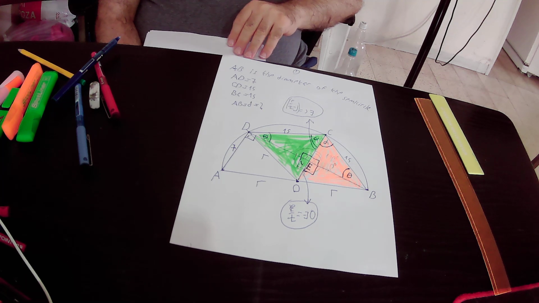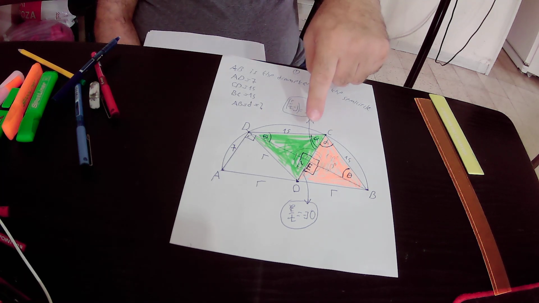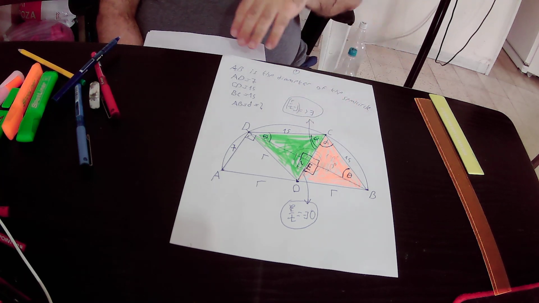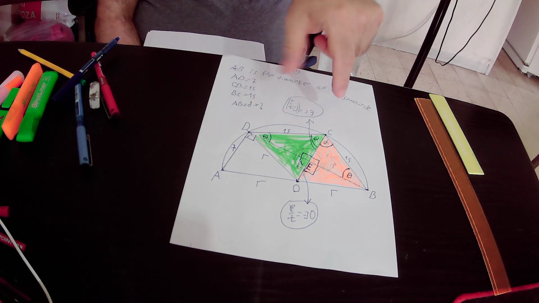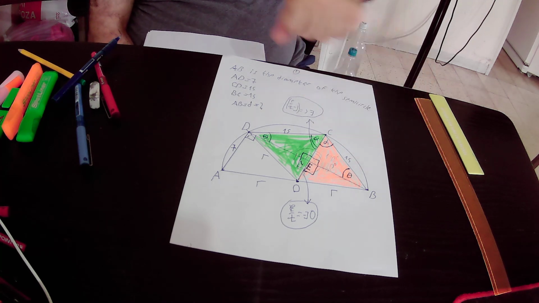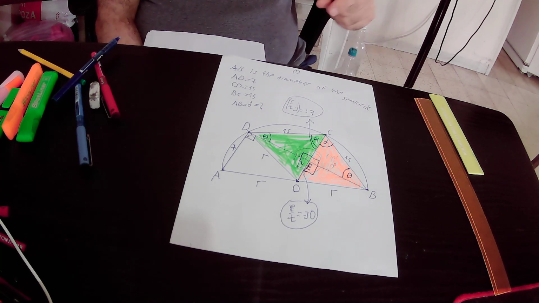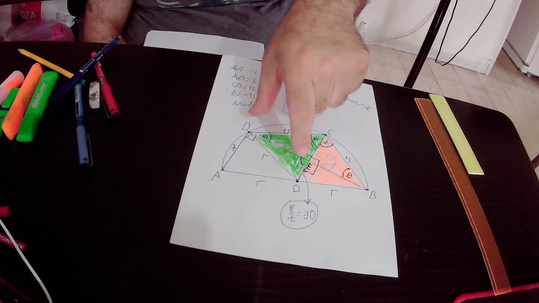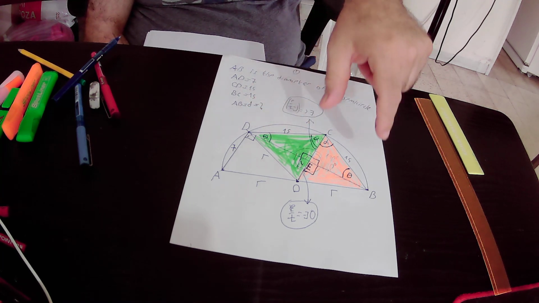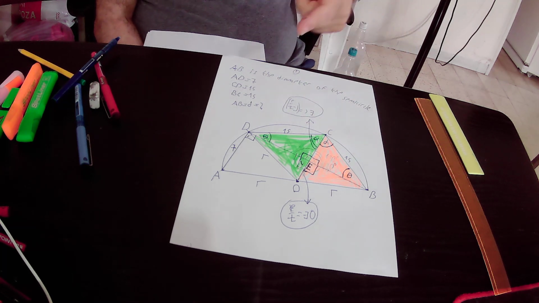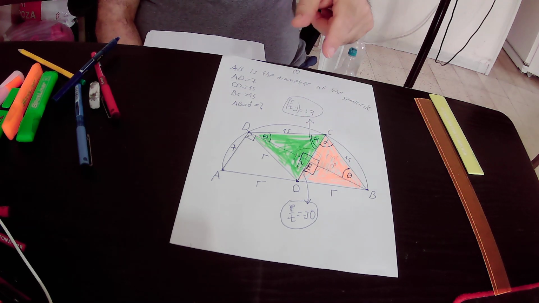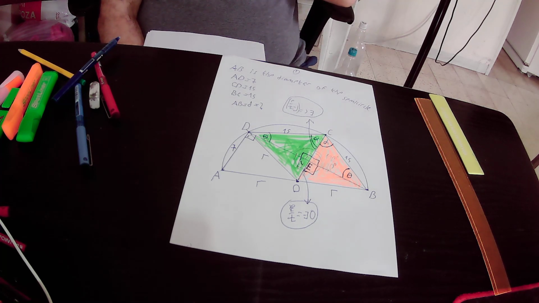And then we focused on the green triangle and the orange triangle. We know that side DC of the green triangle equals side CB of the orange triangle. It is given to us in the question. We know also that OD, that is the radius of the semicircle, equals OB, that is also the radius of the semicircle, so they are equal to each other because both those two sides are radiuses of the semicircle.